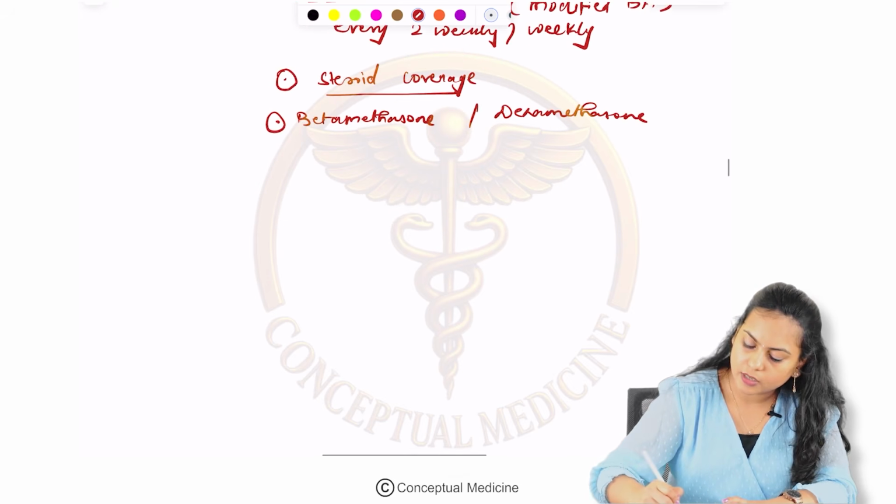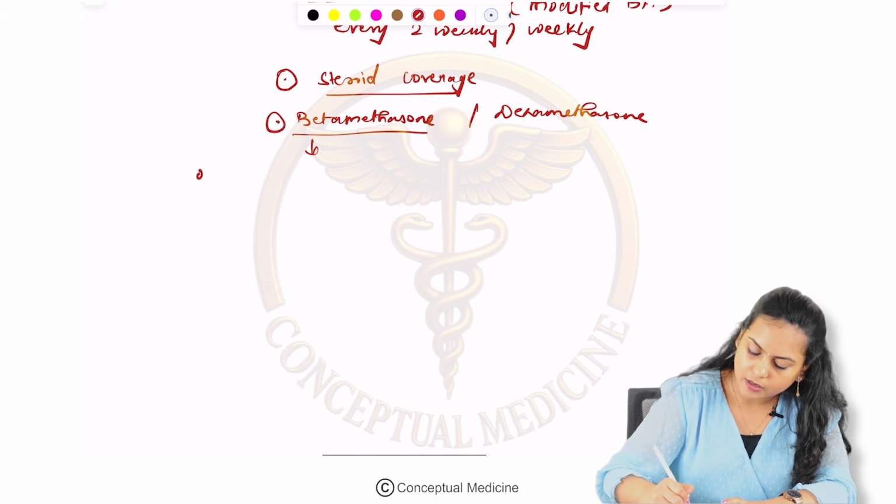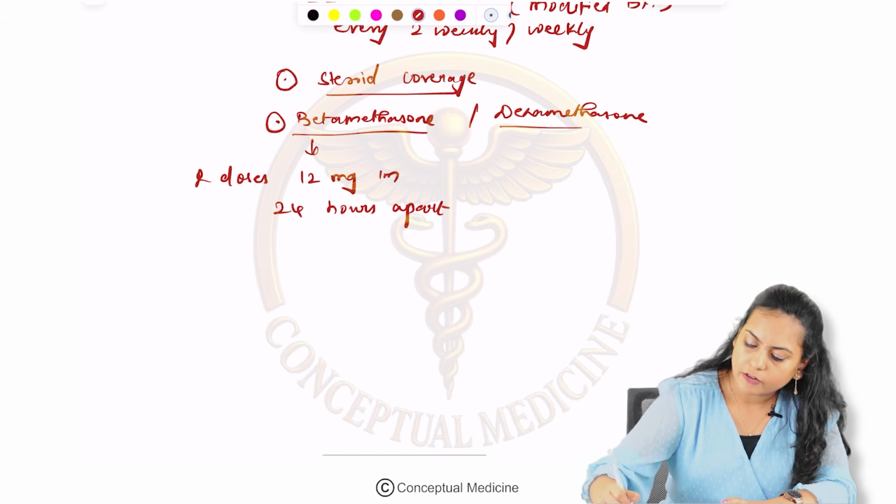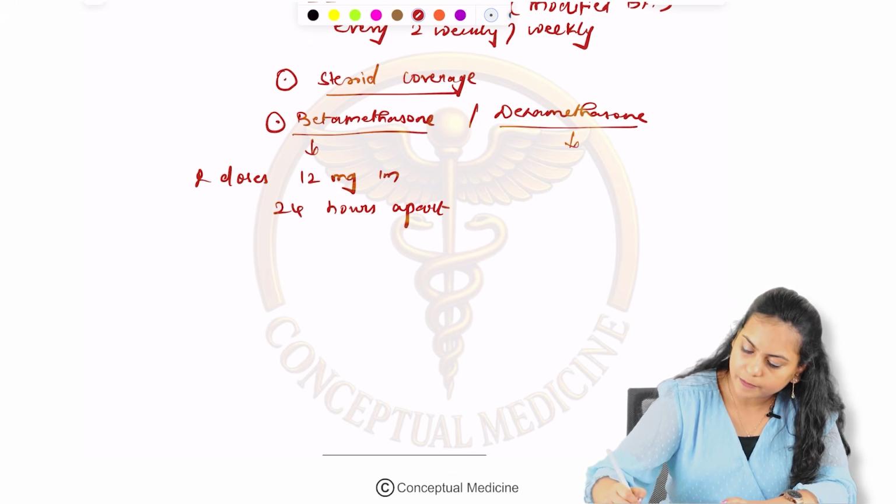What is the dose? In betamethasone, we will be giving 2 doses 12 mg IM 24 hours apart. For dexamethasone, we will be giving 4 doses 6 mg IM 12 hours apart.